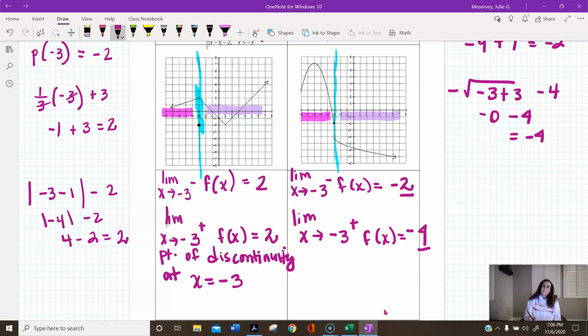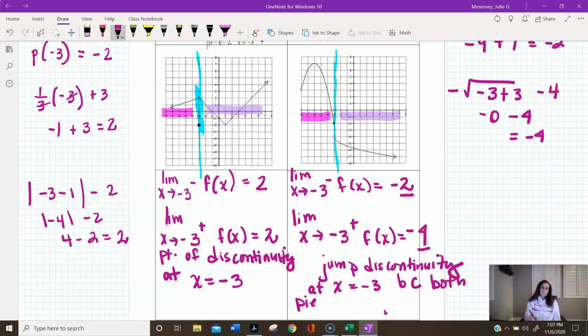Since both pieces approach different y values, we have a jump discontinuity at x equals negative 3 because both pieces approach different, I'm just going to put DIFF, y values.